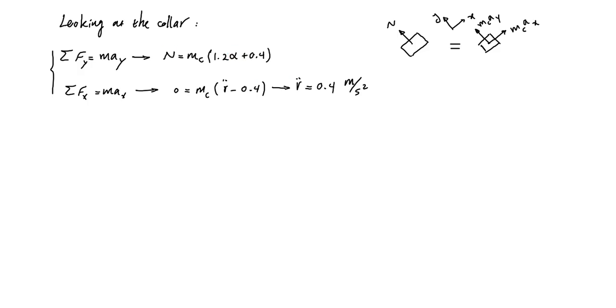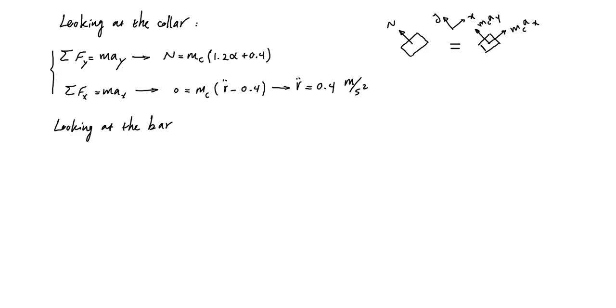So let's take a look at what's going on with the bar. That's the only thing left that I might be able to use to get another equation to solve for both alpha and N, right? If I want to find N. So looking at the bar, let me try to draw the free body diagram for the bar.